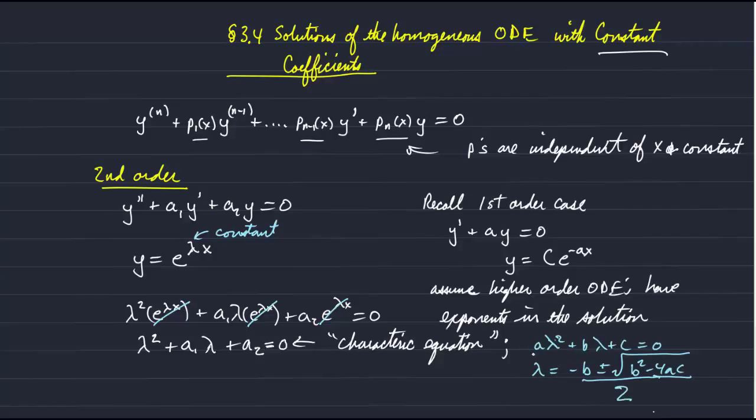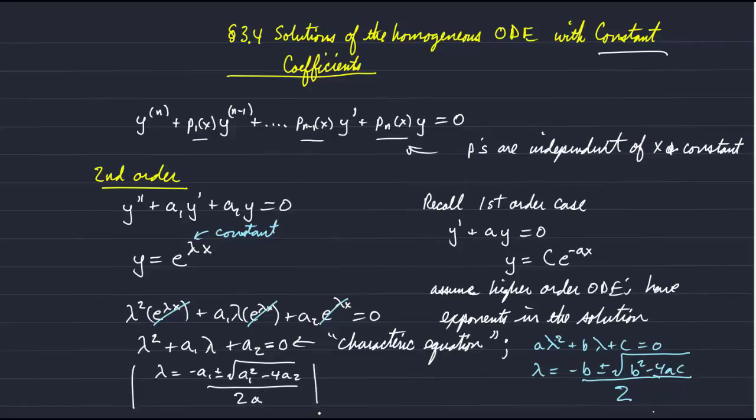That's if the coefficients are a, b, and c. The coefficients here are 1, a1, and a2, so that gives the solution for lambda being equal to negative a1 plus and minus the square root of a1 squared minus 4a2 all over 2.